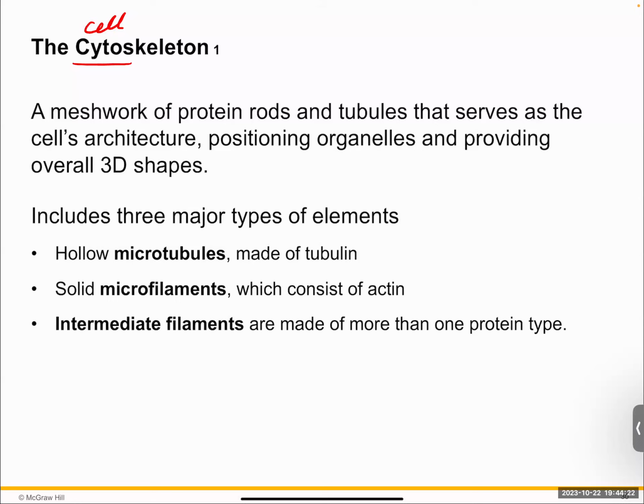Now, we categorize these cytoskeletons, which are truly made up of proteins, based on their size. We will have proteins that combine to form very thin structures called microfilaments, and they're made up of actin.